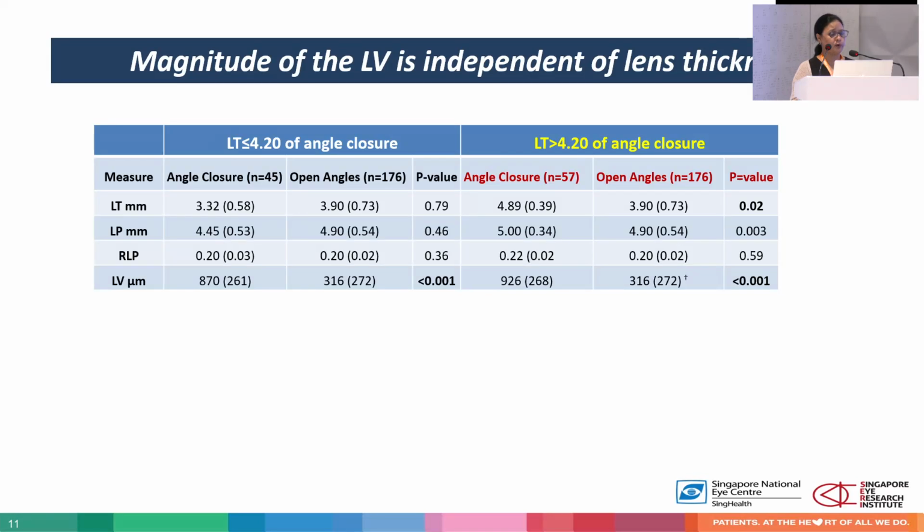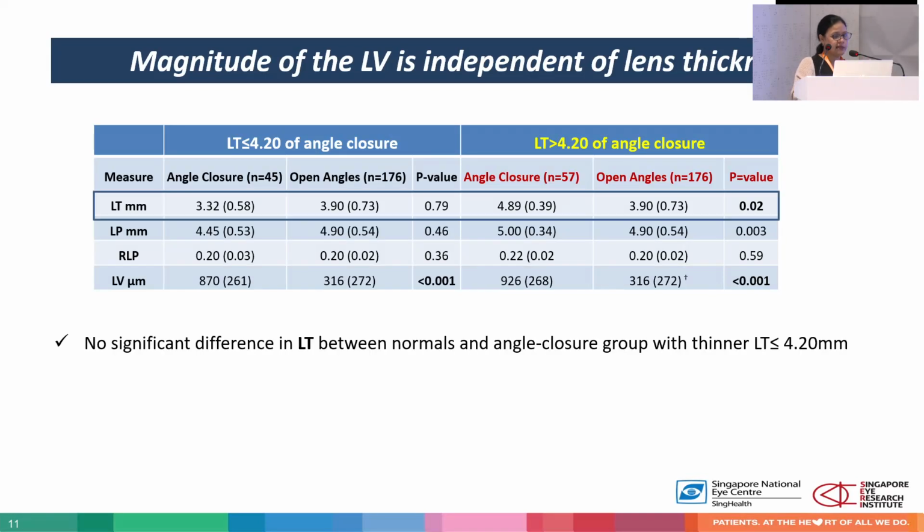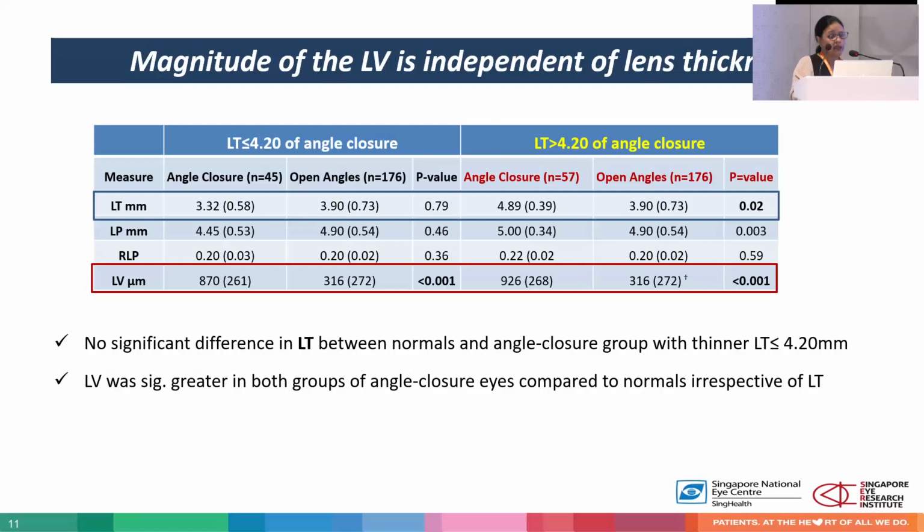What we did was compare the lens thickness in angle closure eyes, those with thinner lens and thicker lens based on the mean lens thickness of the angle closure eyes, and compared them with normals. As you see, in eyes with thinner lens thickness, there's no significant difference between normals and the angle closure group with the thinner lens. However, the lens vault was significantly greater in both groups, irrespective of the size of the lens.